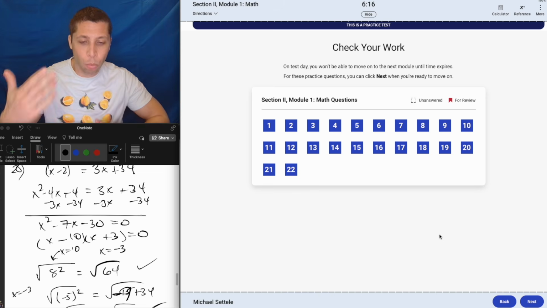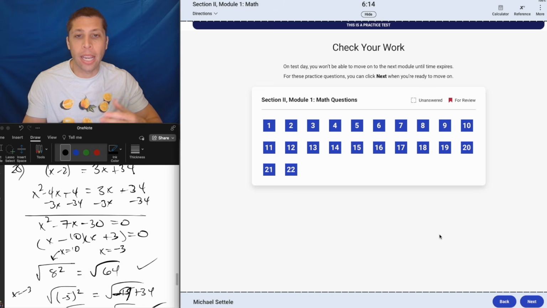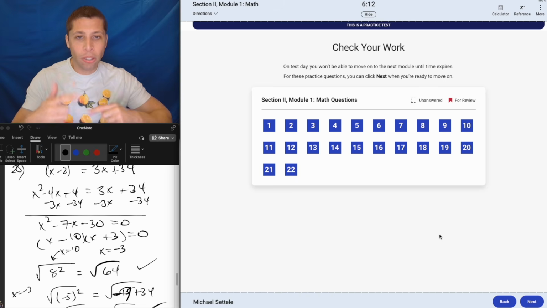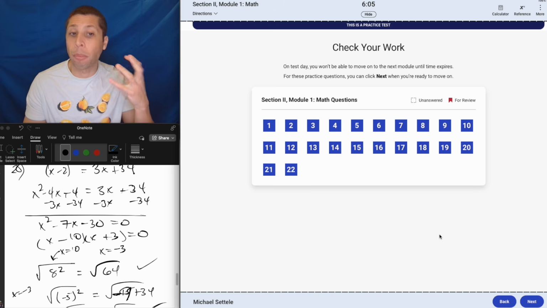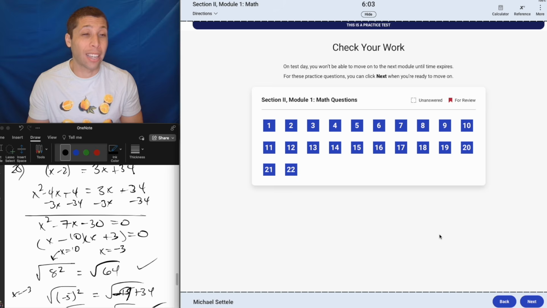You're still thinking, you're still working. You don't want to make careless mistakes and misread things, but you can also move at a slower pace and rely on Desmos more. You're not really interested in efficiency. You're trying to save your brain for when we need it in the hard module. So that's kind of what I did here. And I still have plenty of time to spare. So let's take a break and then we will get to the hard module.